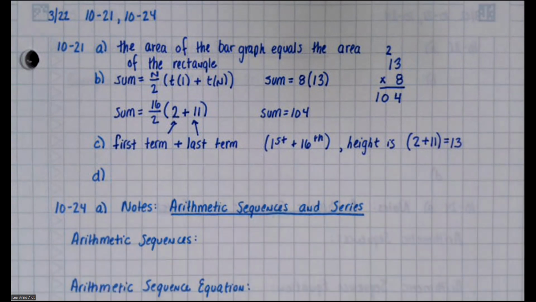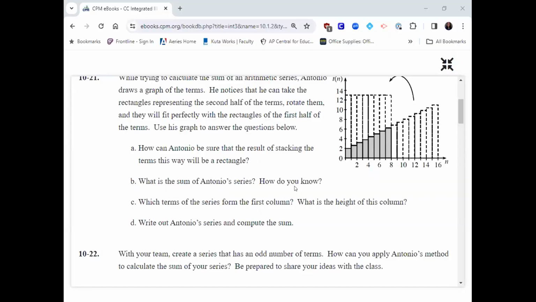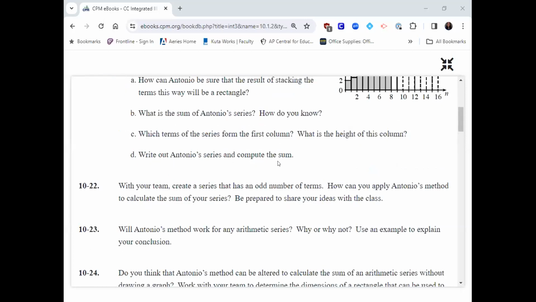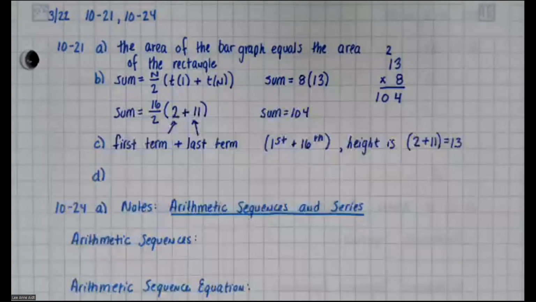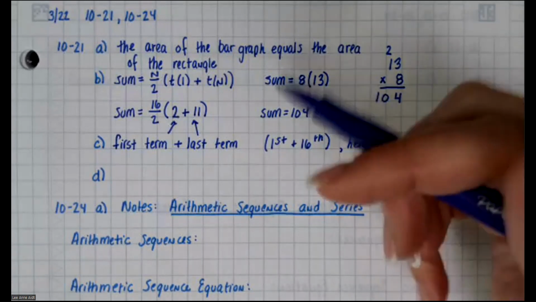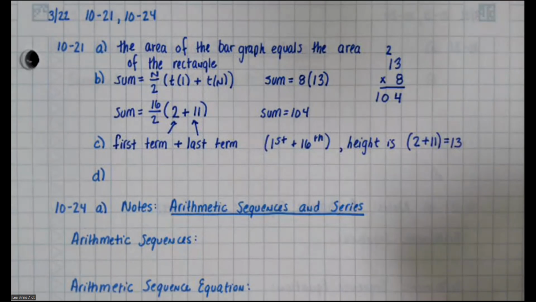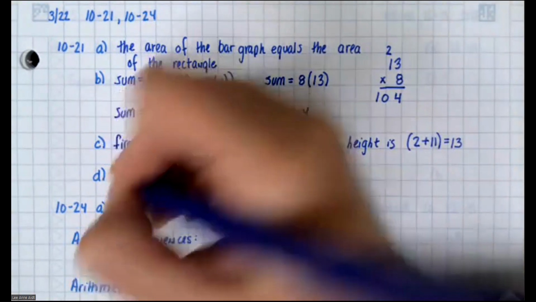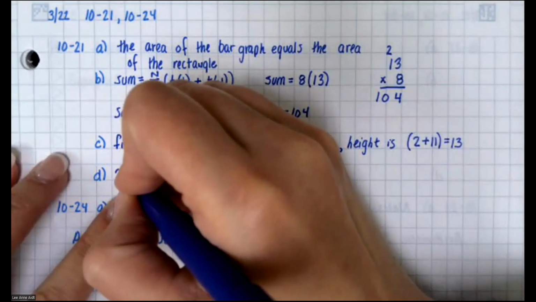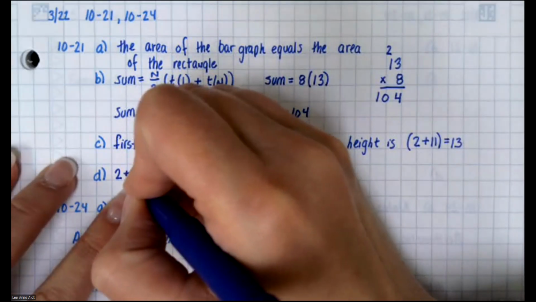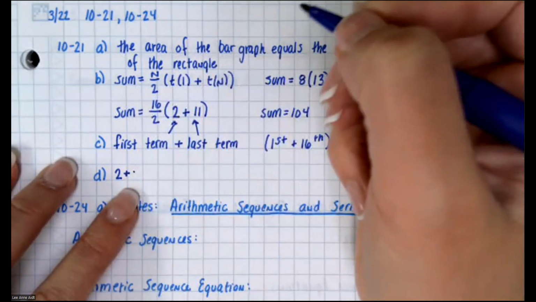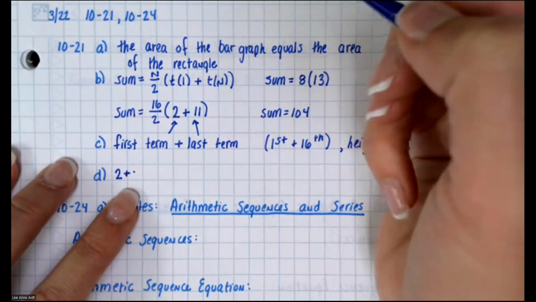Okay. D, last one. Write out Antonio's series and compute the sum. Okay, so in this problem, they just want us to verify that we're not making up crazy rules for math that aren't real. So Antonio's series starts with 2 plus, they go up by 1 each time?